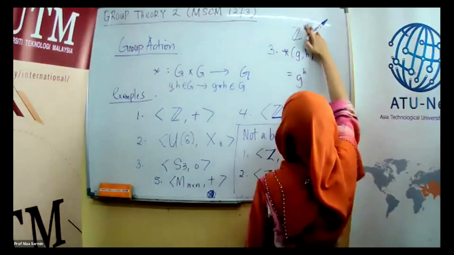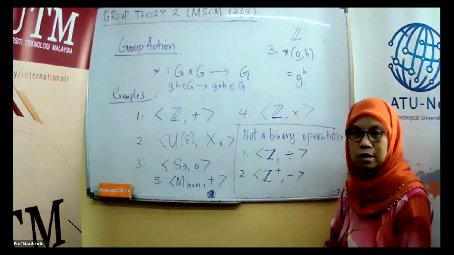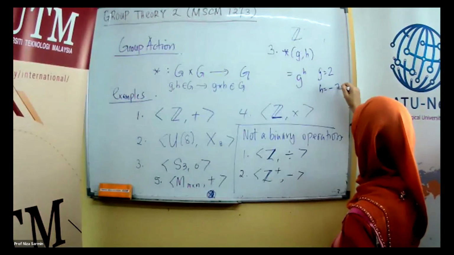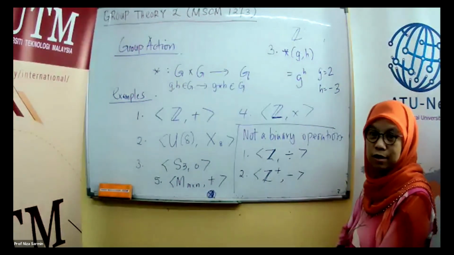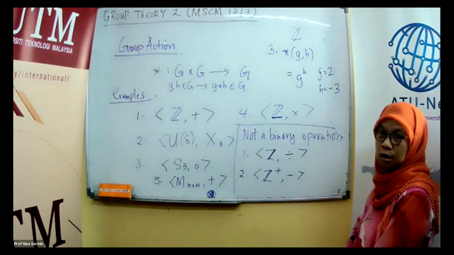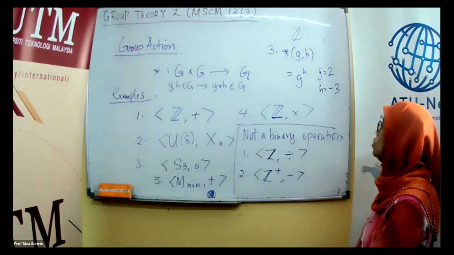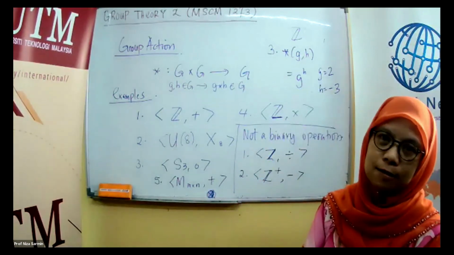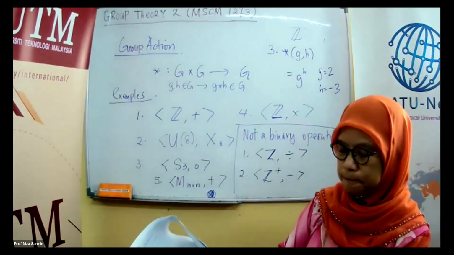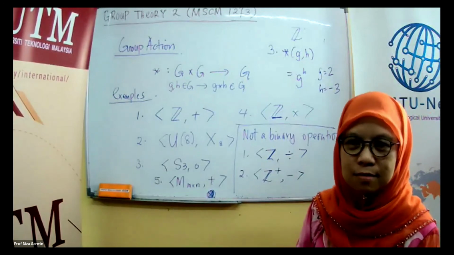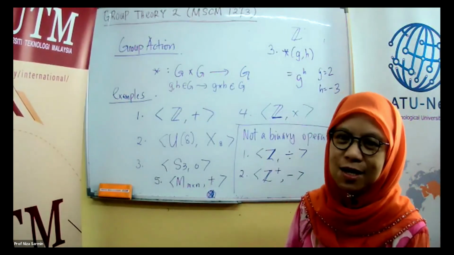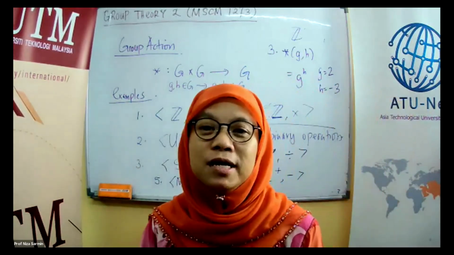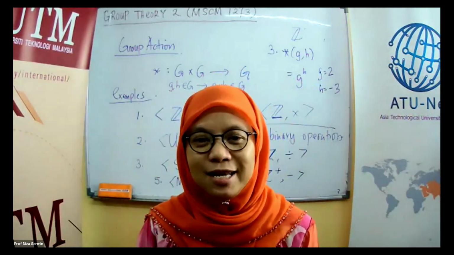But for integers, it's not okay. Like 2 and -3, right? 2 to the -3 is 1/8, not anymore an integer. So you have to erase it. Okay. And any group is defined using binary operation. That's why I said it's cheating if you take group.